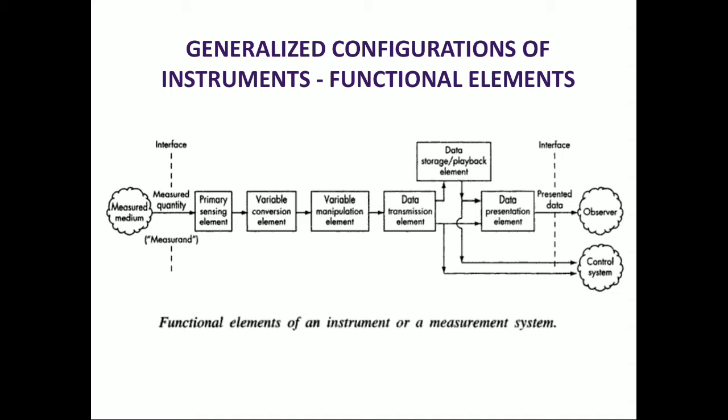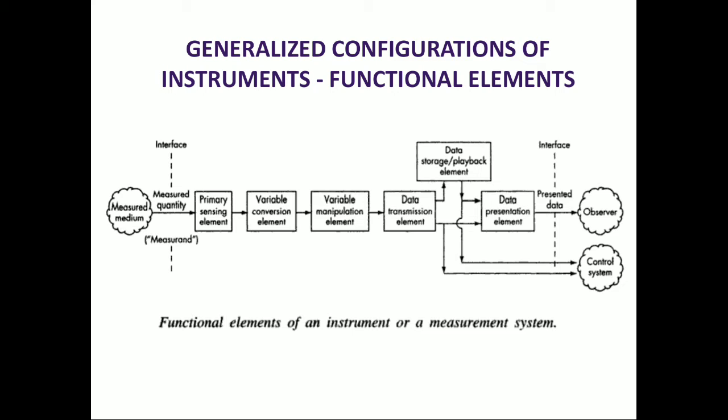The first interface links the measurand medium to the instrument, and the last interface links the instrument to the observer. The elements coming in between the two interfaces are called the instrument, and the various elements can be seen in detail.